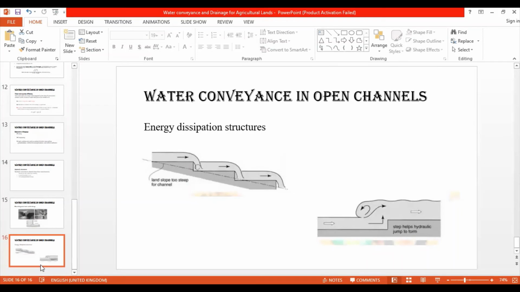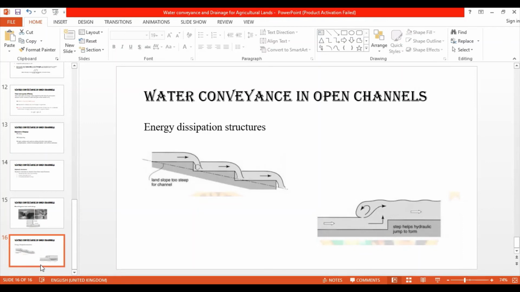So one way you can do that is by creating step structures in your channel. If after a certain number of meters, you create a small step going down, then as the water is dropping on that step, some of the energy is being lost as it is hitting down the step.